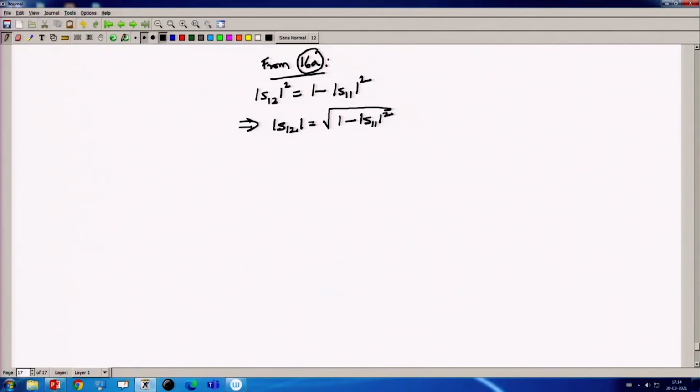Now, as we were saying, how are their phases related? So, for that let us assume S11 be given by mod S11 e to the power j theta 1.